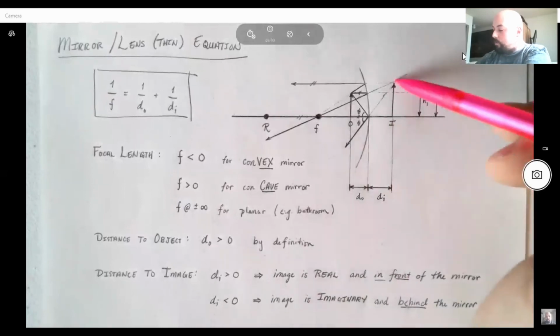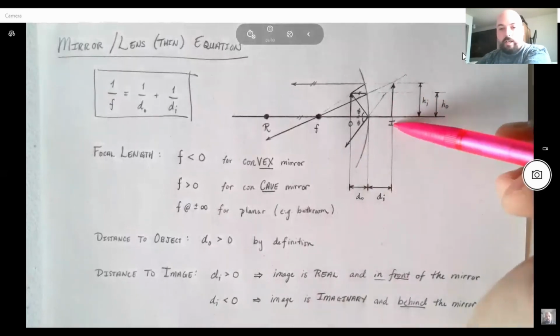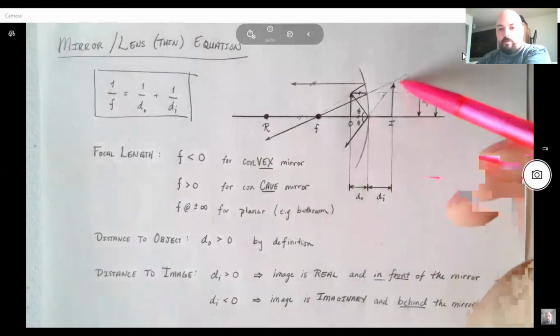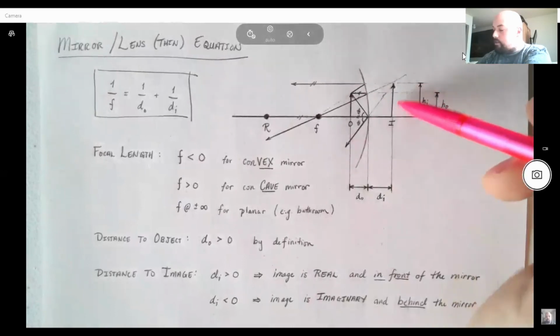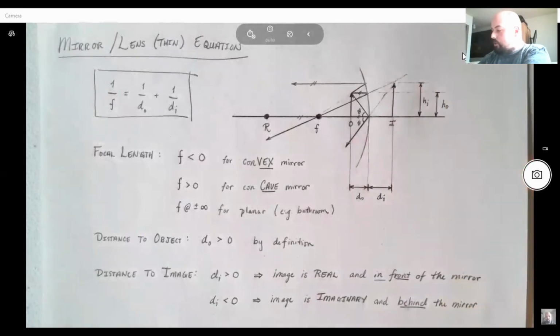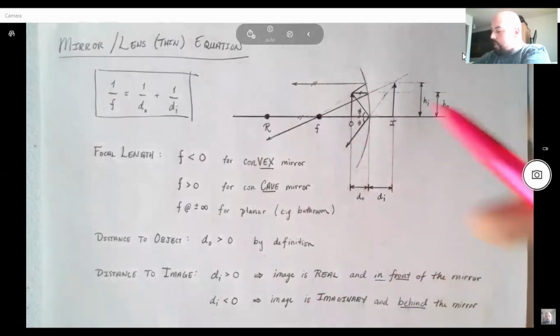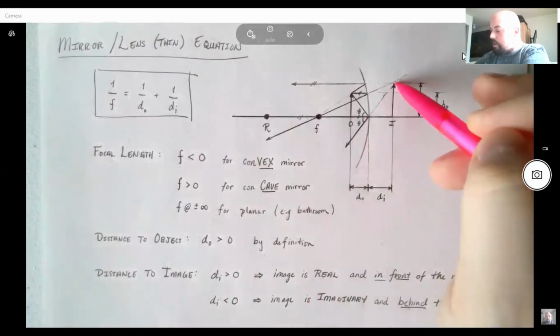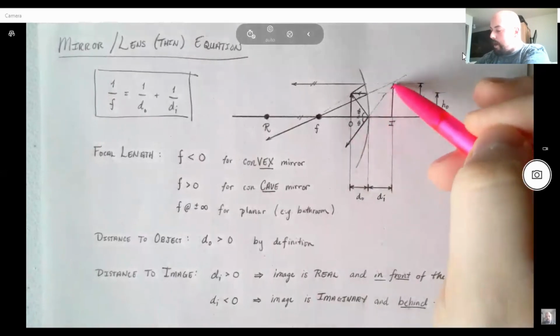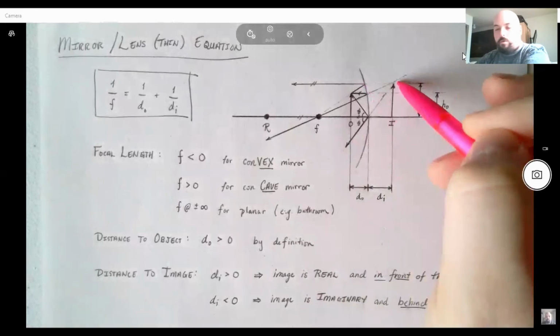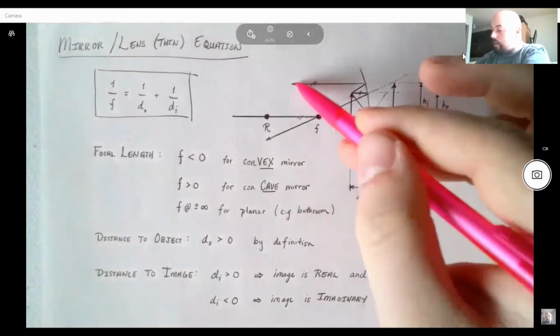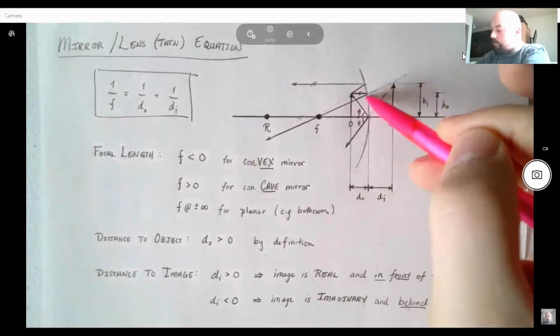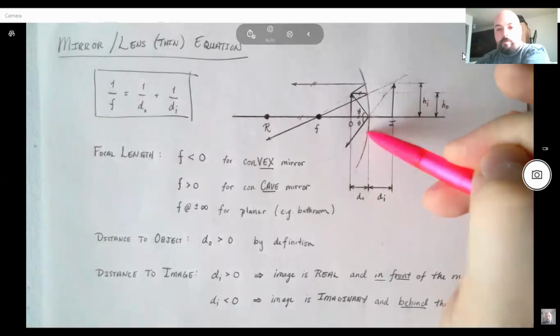So in our example here, the image is behind our mirror located here. We see that it is imaginary for us. All right, so hopefully what you'll see is that the image is formed by these back traces of the reflected rays that are reflected off the mirror itself.